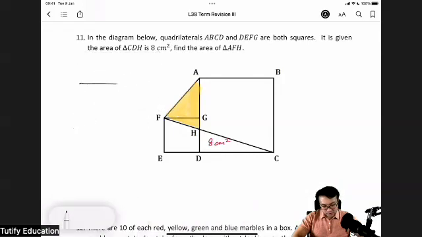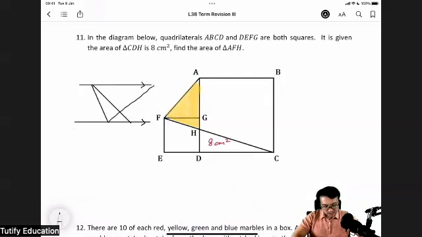So if I were to draw a set of parallel lines, and draw triangles within the parallel lines, let's try to draw one triangle like that, and another triangle like that.